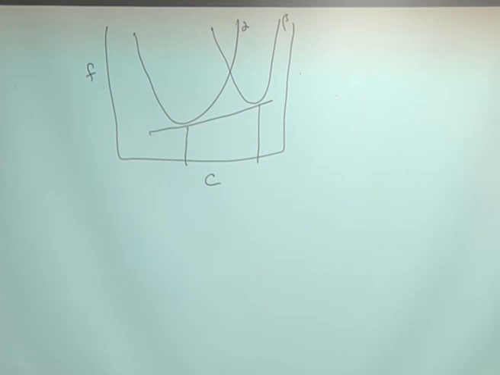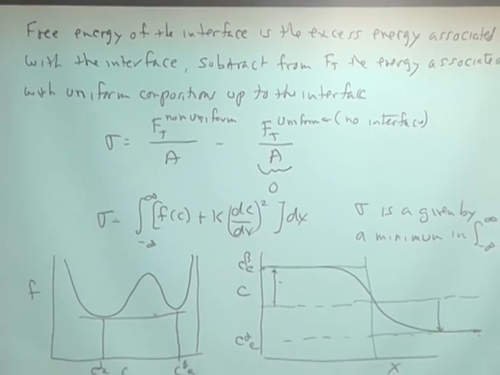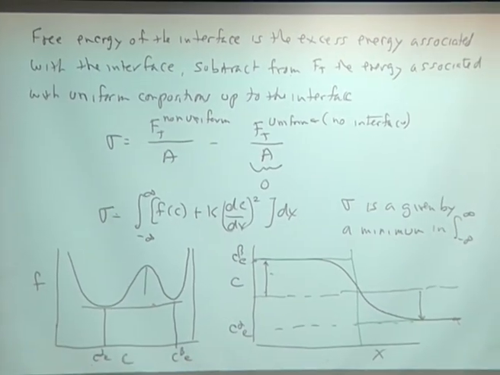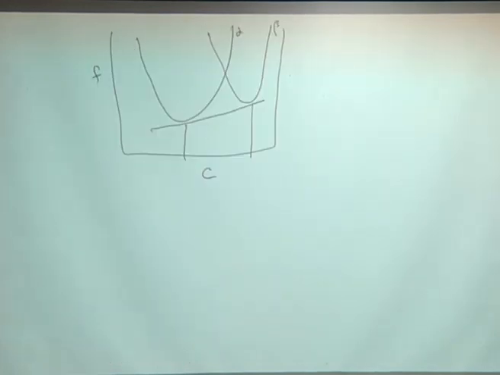And this free energy function here, you can see already what the answer is going to be. It's strongly dependent upon this thing, right? If you didn't have that, you wouldn't have an interfacial energy. So the question is, what do you do with that?